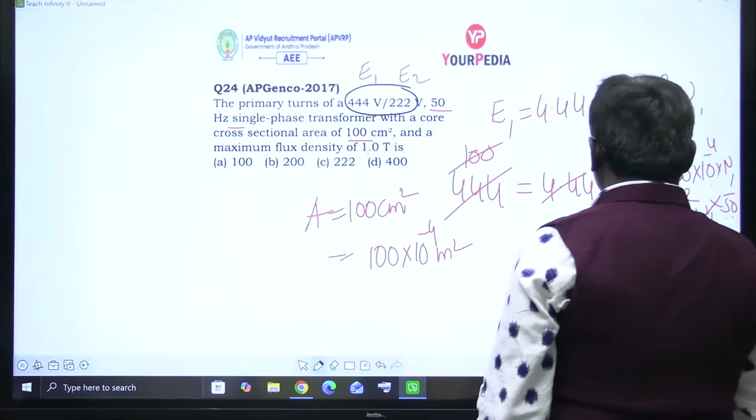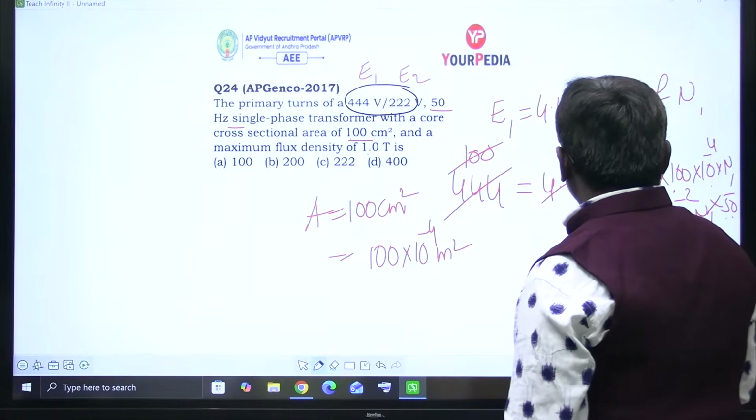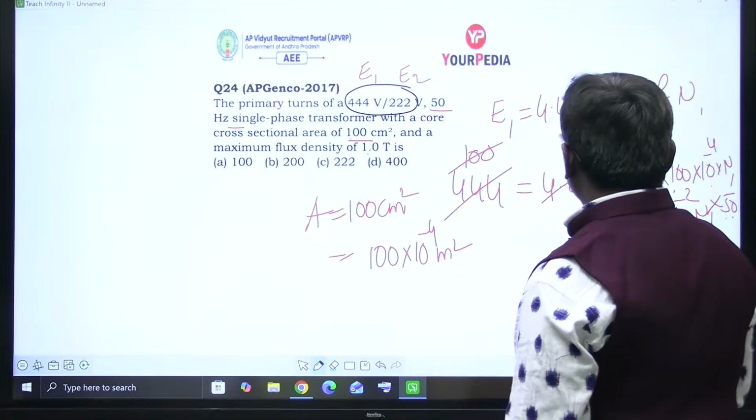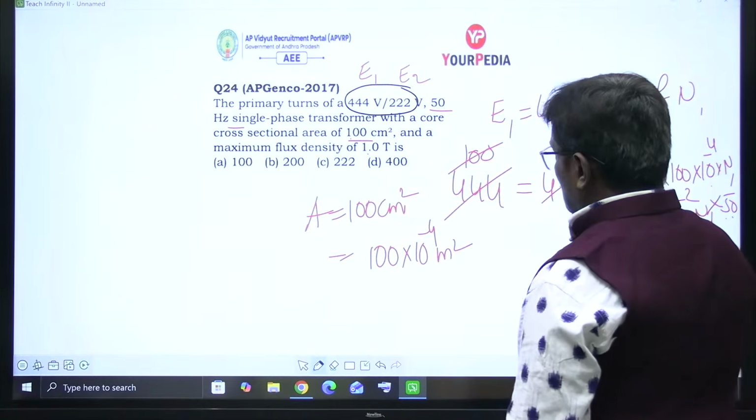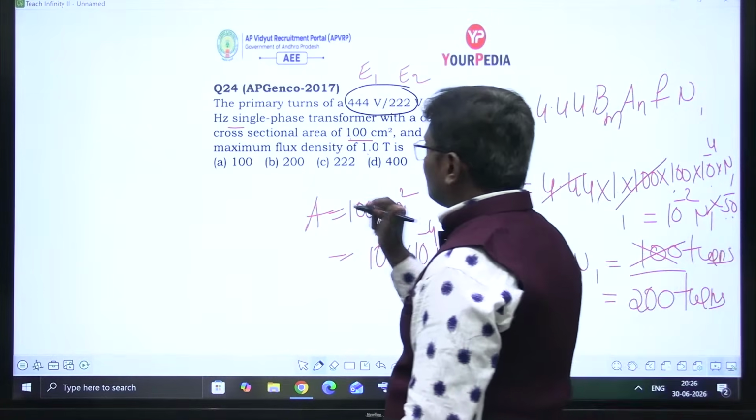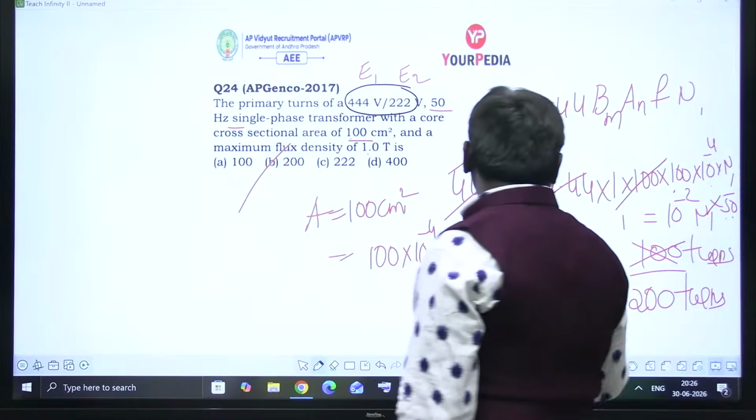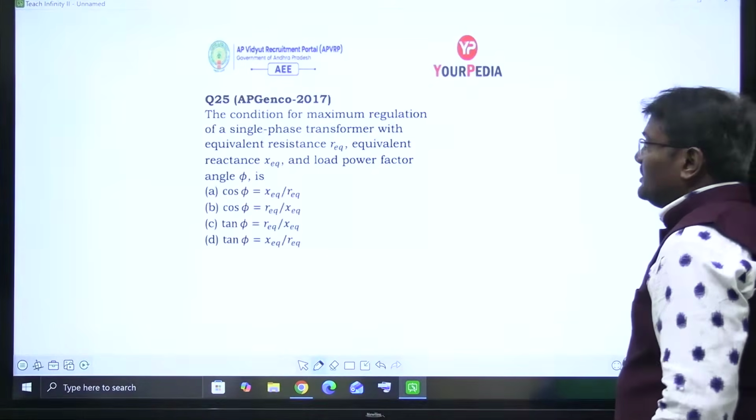N is equal to 444 by 222. Okay, the answer is 200 turns. B option is correct. I forgot the frequency.